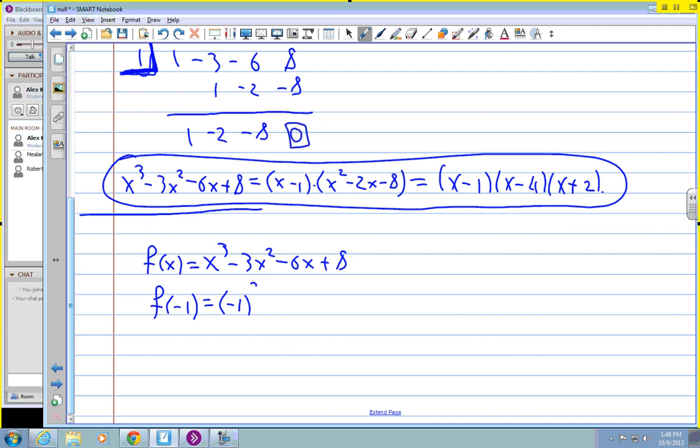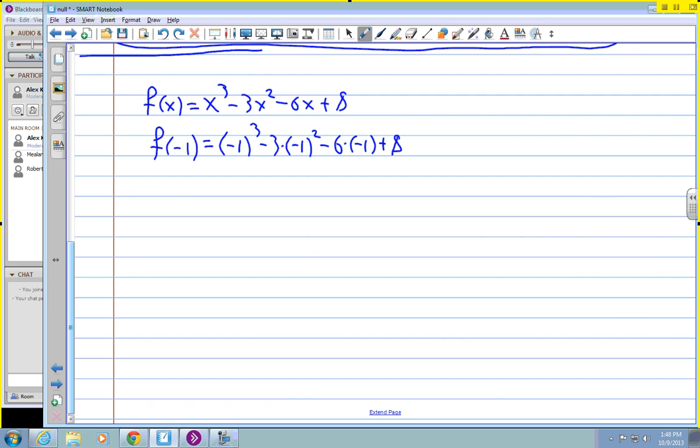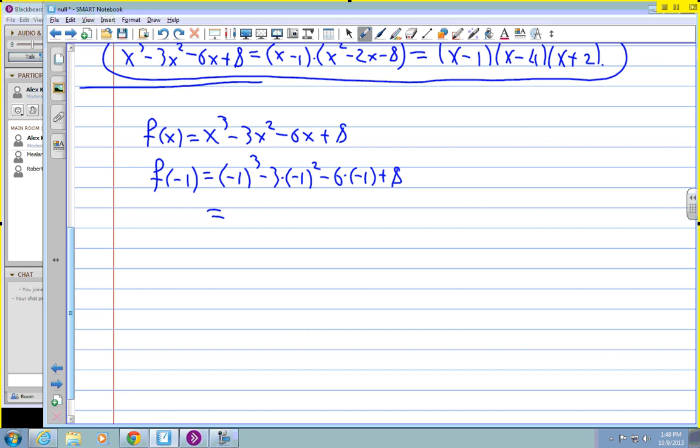Negative 1 cubed minus 3 times negative 1 squared minus 6 times negative 1 plus 8. What is that? Negative 1 minus 3 plus 6 plus 8. What is that equal to? 10. So f of negative 1 equals 10.